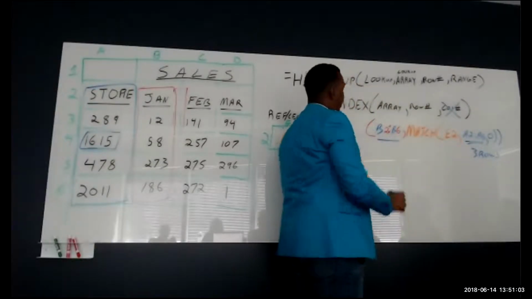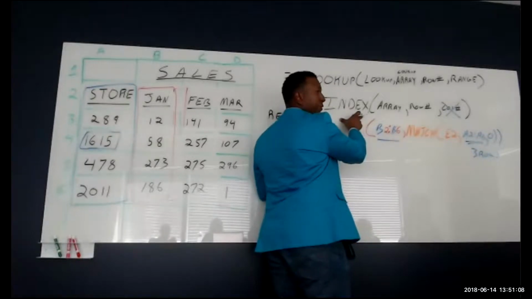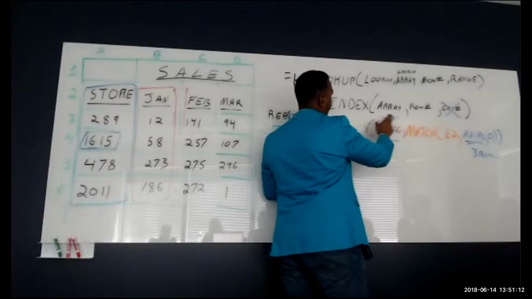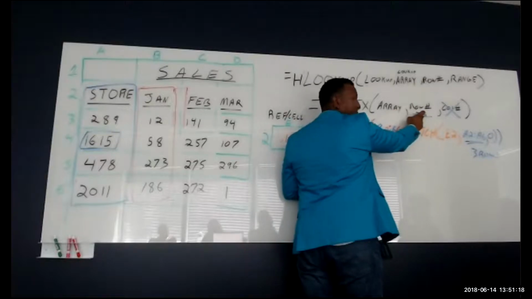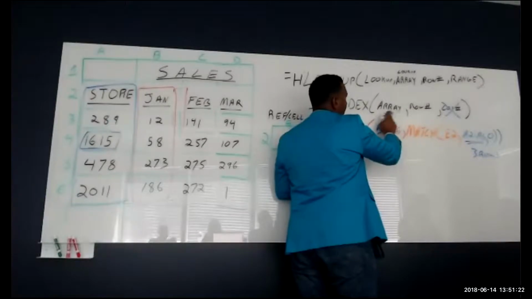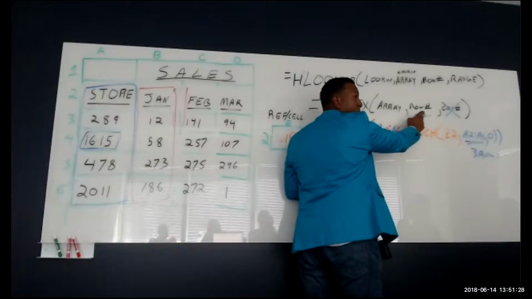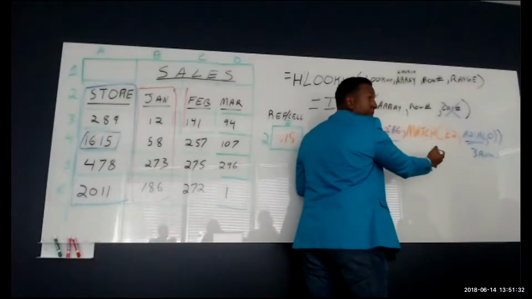Okay? So now what's happening? If I go back to the original INDEX formula, I'm saying, hey INDEX, give me this array 3 rows down. So find what's in here, but give me what's 3 rows down. And you answered the question of how many rows down it is by using a MATCH formula.